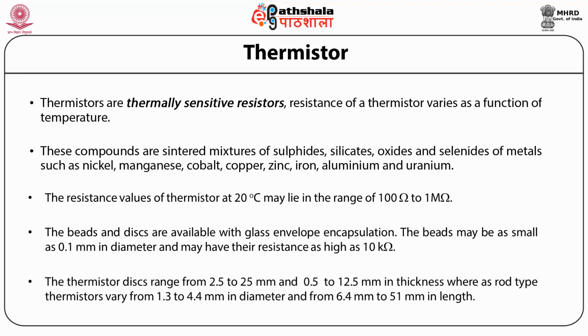Thermistor discs range from 2.5 to 25 millimeter in diameter and 0.5 to 12.5 millimeter in thickness, whereas rod type thermistors vary from 1.3 to 4.4 millimeter in diameter and from 6.4 millimeter to 51 millimeter in length.